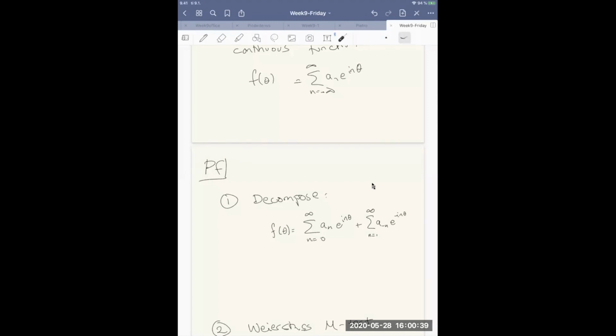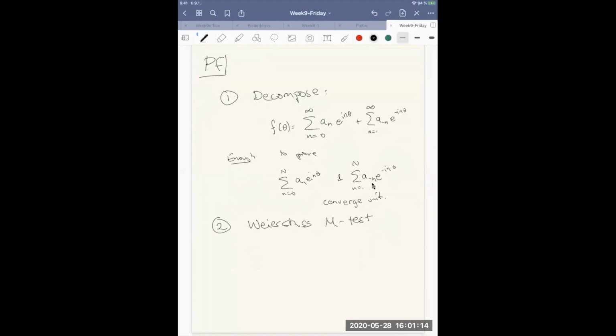This way we have two sums to consider. So it's enough to prove that the sum from n equals 0 to N of a_n e^{i n theta} and the sum from n equals 1 to N of a_{-n} e^{-i n theta} converge uniformly.